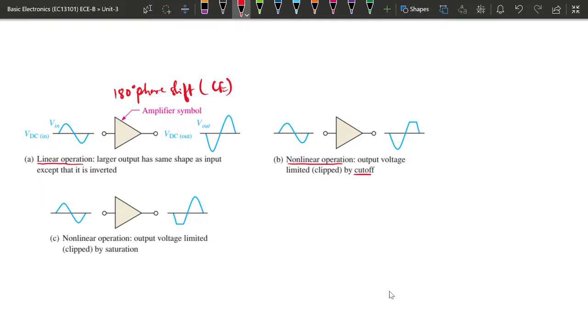Similarly, if it works non-linearly such that some portion of the input signal makes the transistor work in the saturation region, then there will be a cutoff in this region. How we have obtained that, we will see in the next points. We were expecting this as the output, but we are getting this as the output, and this is the output. These two outputs are called distorted output.